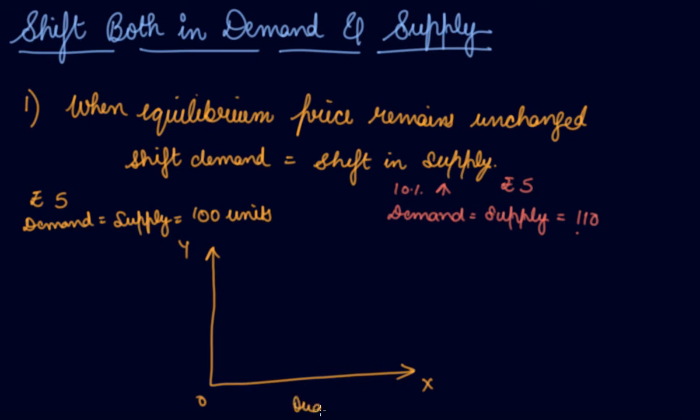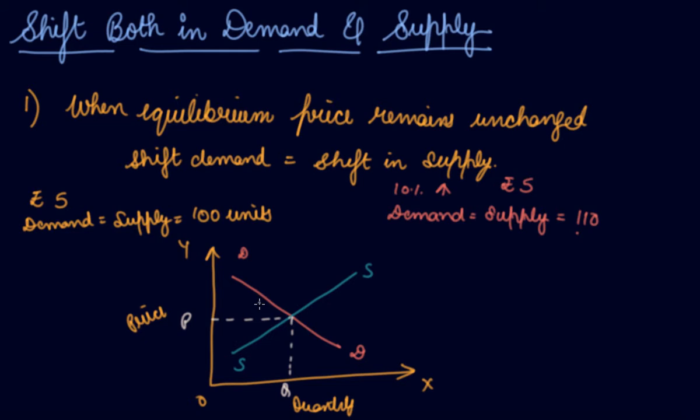This is your quantity, this is your price. This is your demand curve, this is your supply curve, and this was your initial quantity and price. We have taken ₹5 and 100 units.